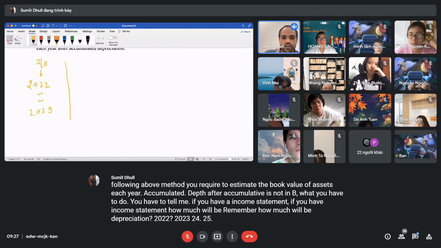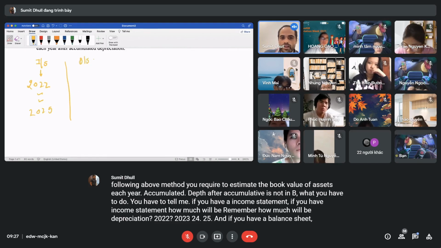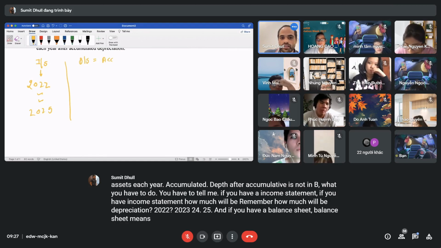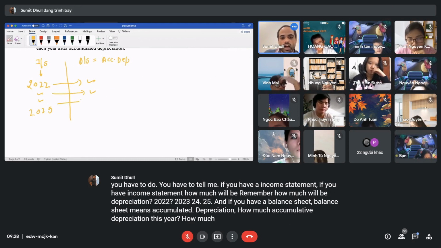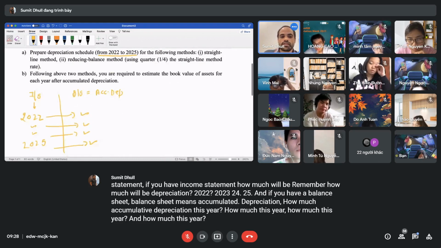And if you have a balance sheet, that means accumulated depreciation. How much accumulated depreciation this year, this year, this year, and this year. All right, this is your B.